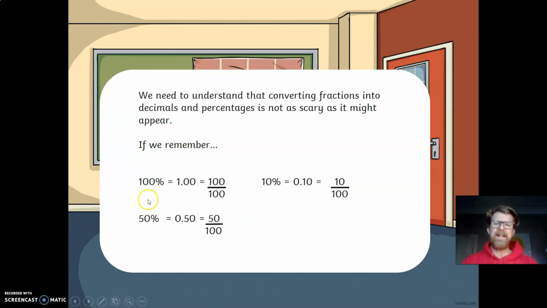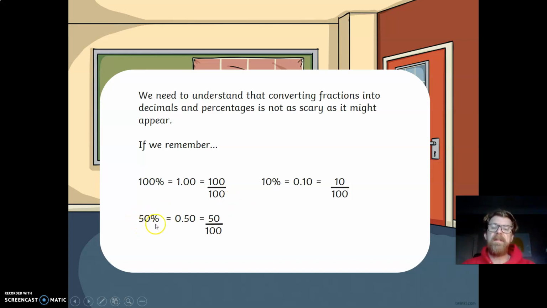So some basic things, if we can remember these, it really helps us with the more complex and slightly trickier sums that we have to do. If we can remember that 100% is equivalent to 1, and that is equal to 100 over 100, 100 hundredths, or 1.